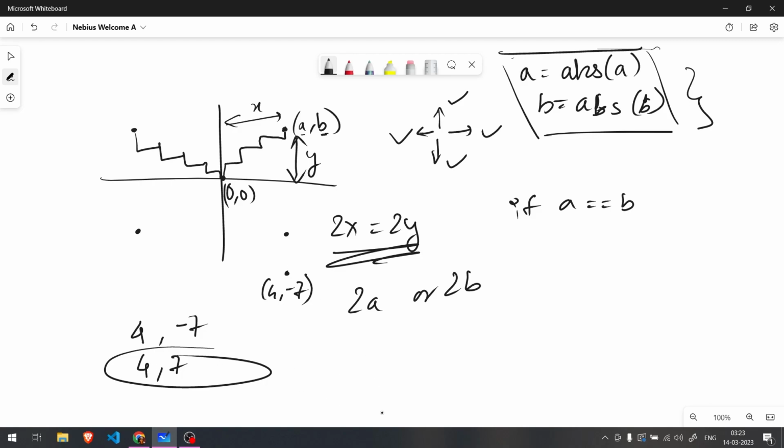We need 4 steps in a particular direction. In this y direction, suppose we get 4, and in this x direction also suppose we get 4. So 4 and 4 are done. So what's left? In the y direction, 3 more are left, right?